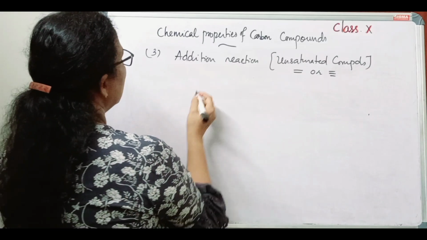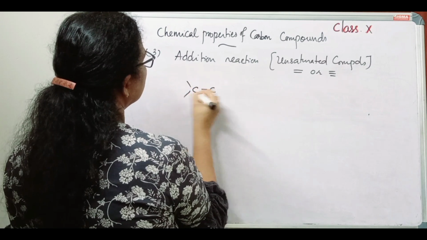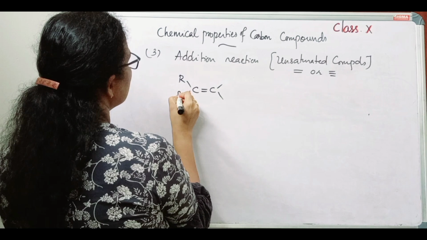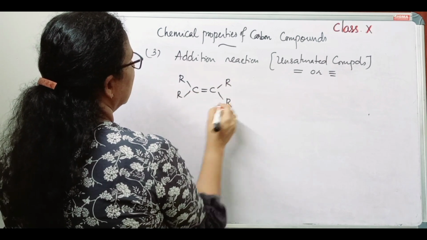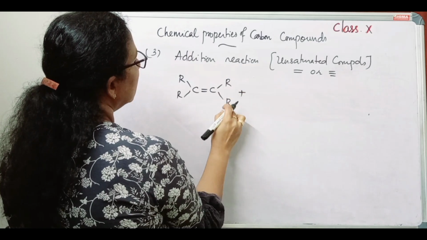For example, we can take a general equation like this. This is an unsaturated compound, and the R group will be different.